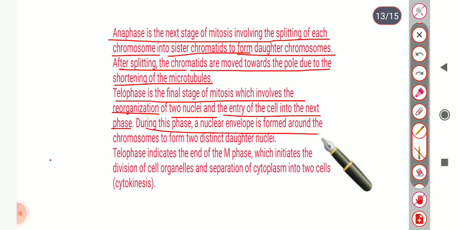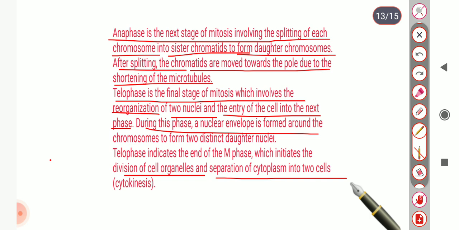During this phase, telophase, the nuclear envelope is formed around the chromosomes and forms two distinct daughter nuclei. Telophase indicates the end of the M phase, and it initiates the division of cell organelles and separation of cytoplasm into two cells by cytokinesis.